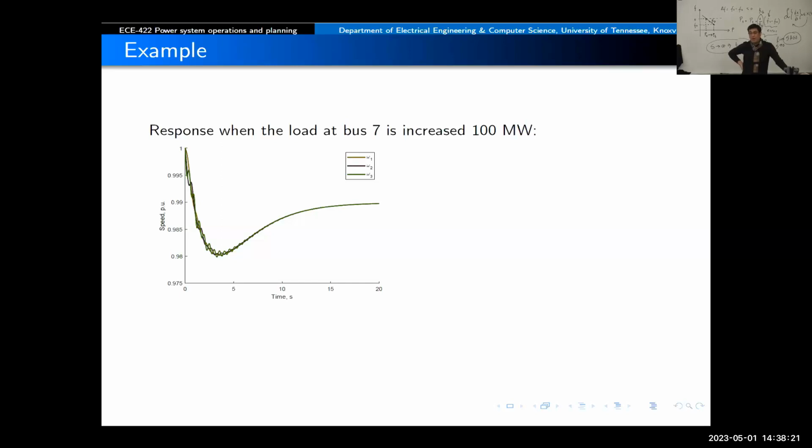Pretty quick, yeah. What do you think? Why do we have that behavior? Okay, the increase in the load happened instantaneously. We're assuming that at time 0 here, there is an increase of 100 megawatts, and that happened instantaneously.